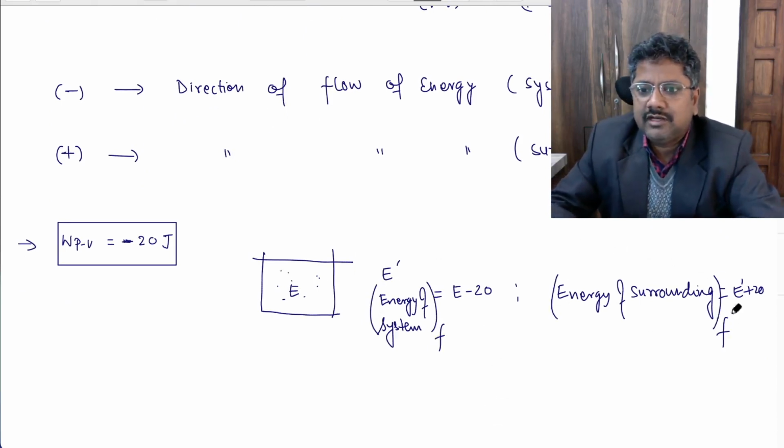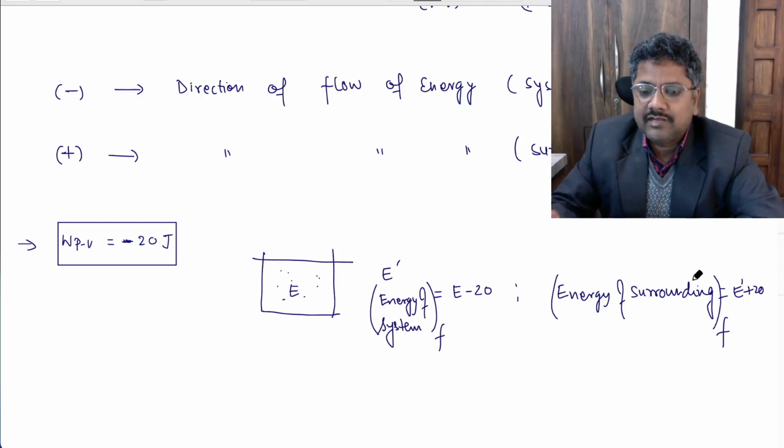If you add these two, E minus 20 plus E dash plus 20, you will always get energy conserved. So this is basically the thermodynamics first law.